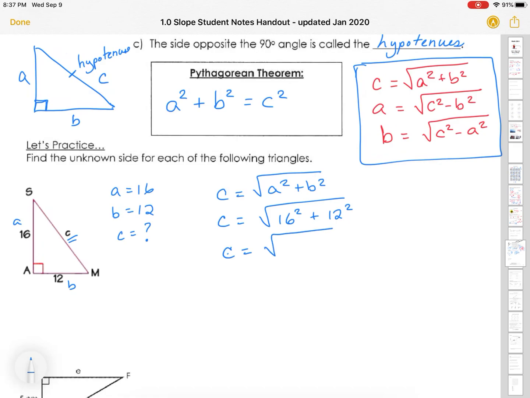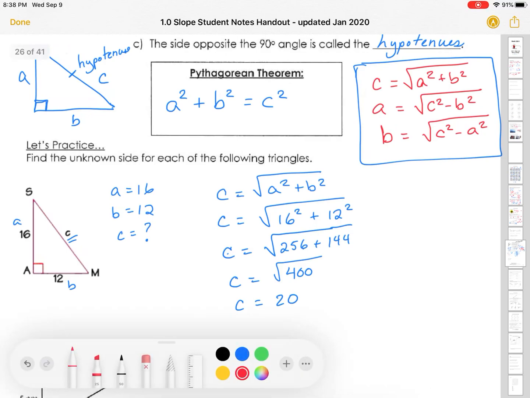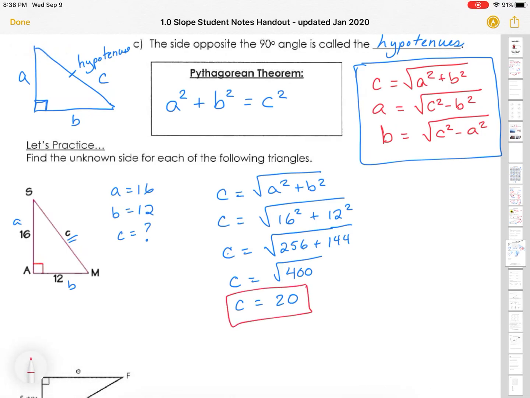So c is equal to the square root of 16 squared is 256 plus 12 squared, which is 144. So it's the square root of 256 plus 144 is 400. And the square root of 400 is equal to 20. Okay, so that's my answer. C is equal to 20. It's as simple as that.